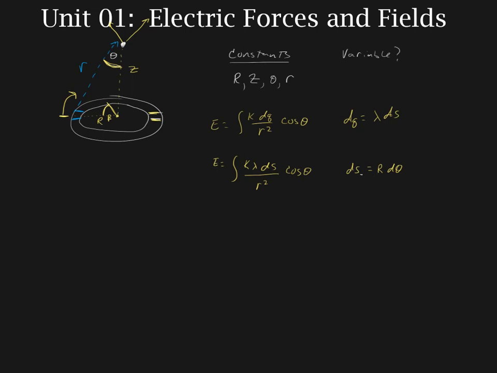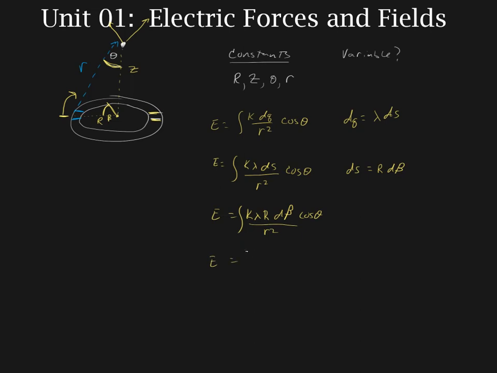All right, so this becomes ds is equal to capital R d beta. Okay, so we get E is equal to the integral of k lambda R d beta cosine of theta over r squared.